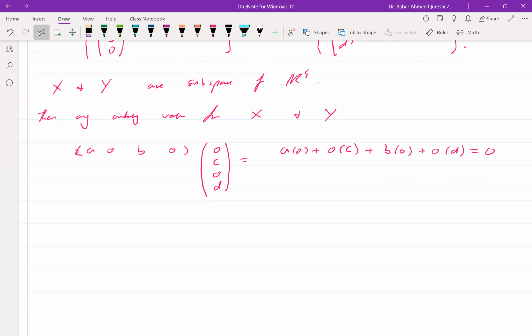So any arbitrary vector of X is orthogonal to any arbitrary vector of Y. That means these two subspaces are orthogonal.